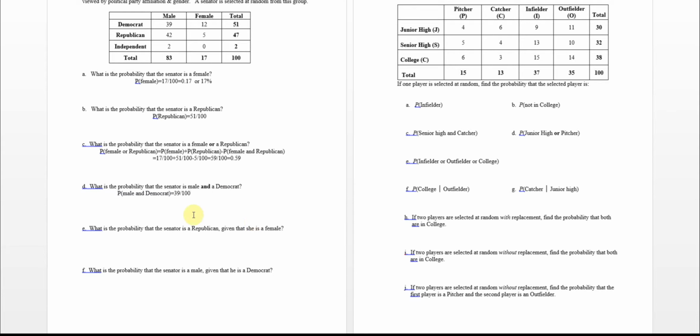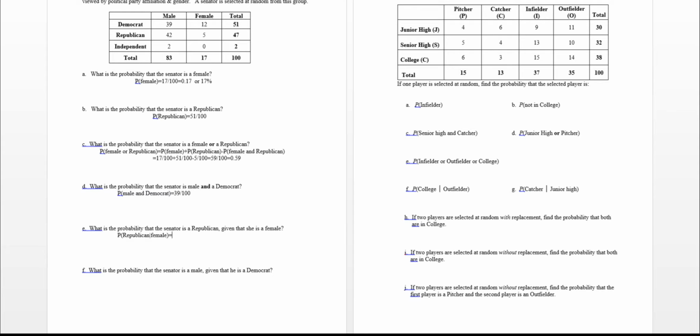Okay. Now here's where things get a little hinky in E and F. So I want to find the probability that I've picked a Republican, given that I already know that this person is female. So this is a different situation than what we were doing before.